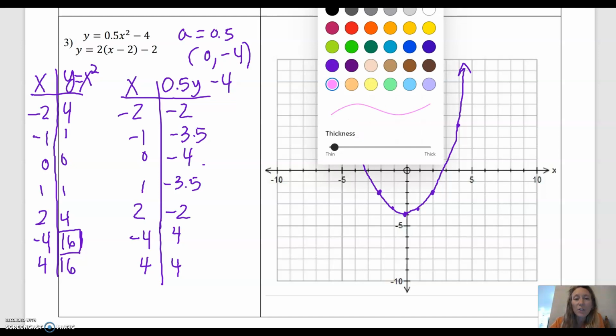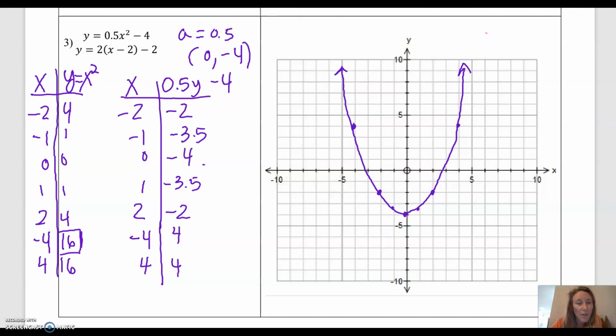And now I'm going to switch over to graphing the line. So this line is right here. And I have an m of 2, and then my ordered pair is 2, -2. 2, -2, hello. Yes. 2, -2 is a solution.